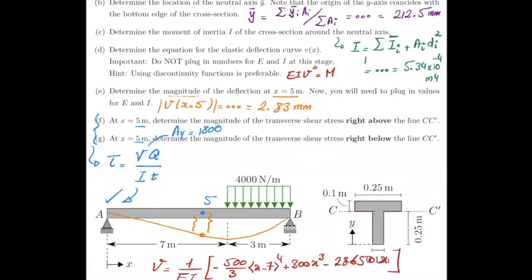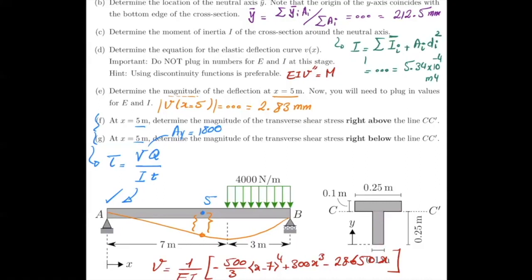Now, if you think about a line slightly above that, let's say the section CC prime, thickness would be 250 millimeters. If you think about the line just slightly below that, then thickness would be 100 millimeters, 0.1 meter.